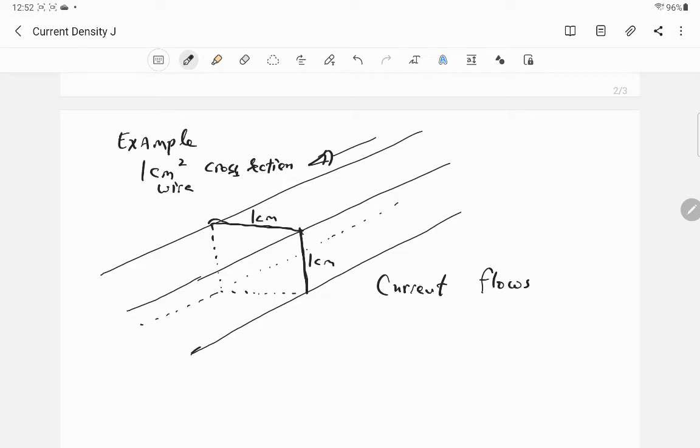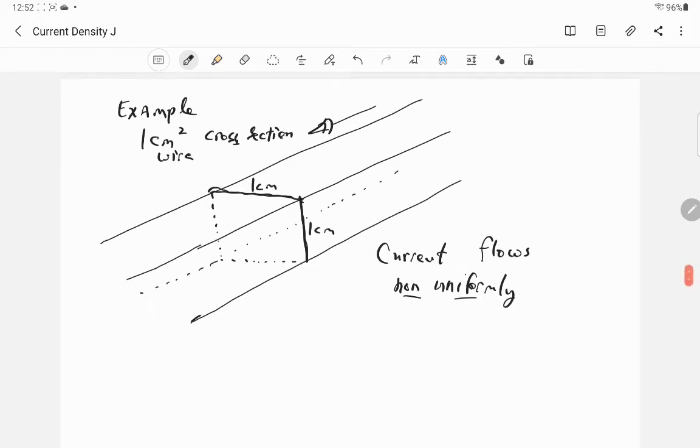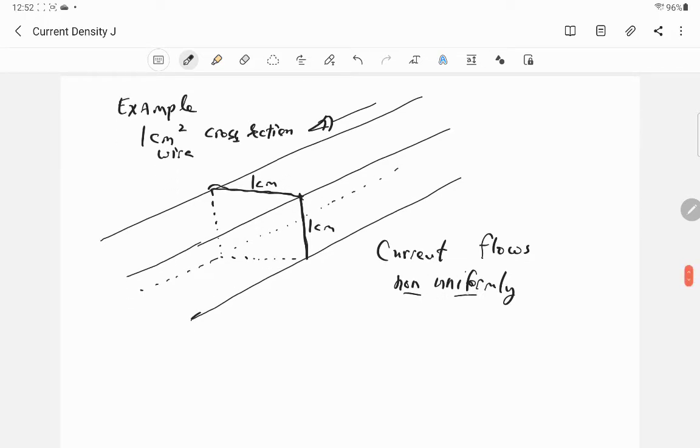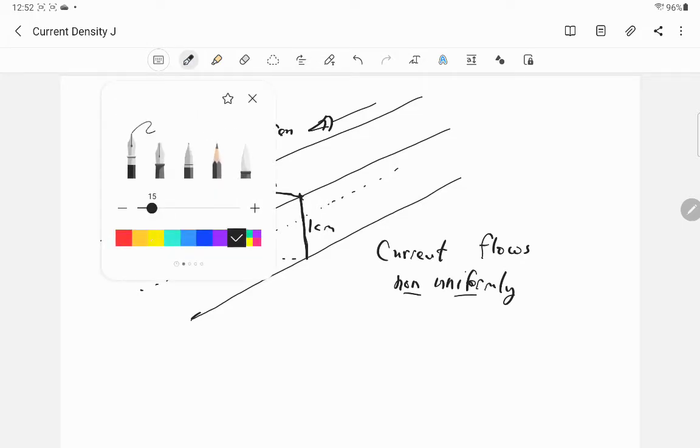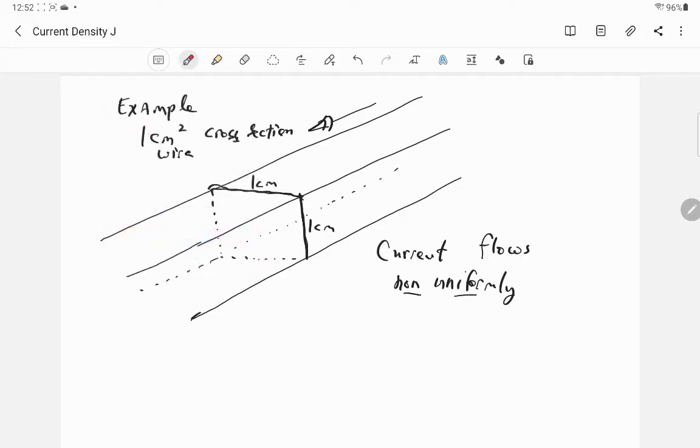Let's say that the current flows non-uniformly. So whenever I describe that it's non-uniform, it begins to require a description that's based on a coordinate system, right? Because if it's non-uniform, that means it's not the same at all the different places. So what we need to have is a way to keep track of the different places.